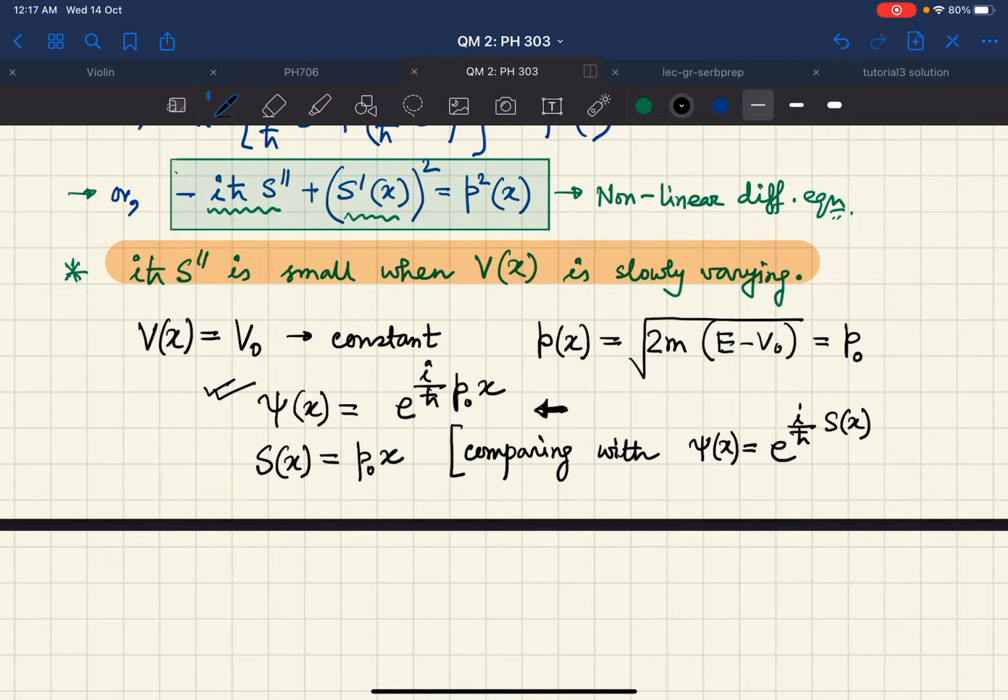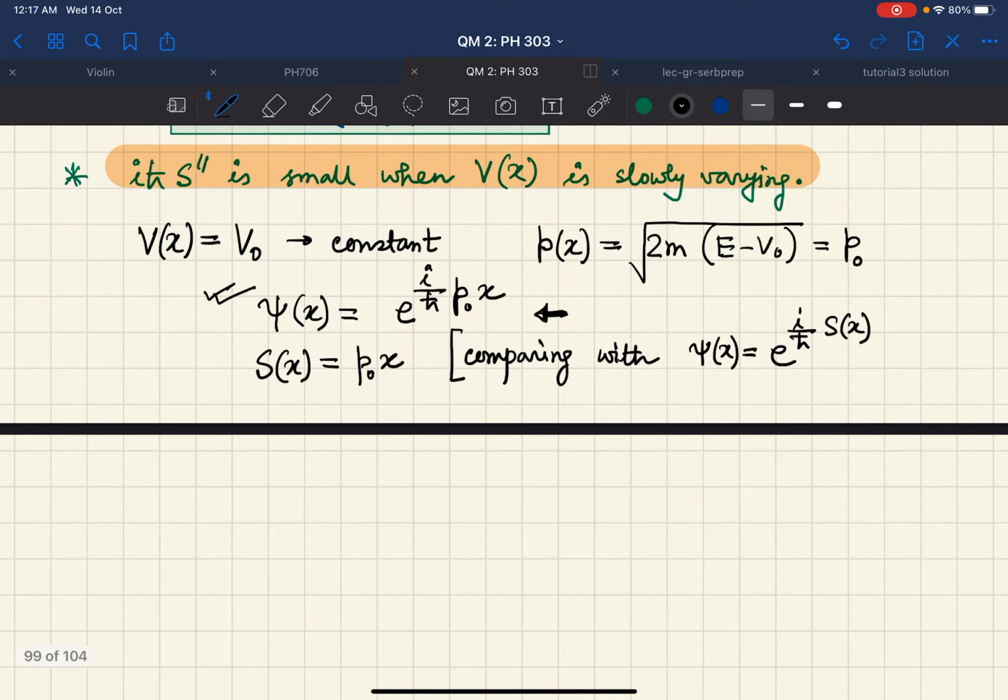So S of x is p naught times x. Then S prime of x is simply p naught, and p naught being a constant will immediately tell you that S double prime of x is equal to 0.